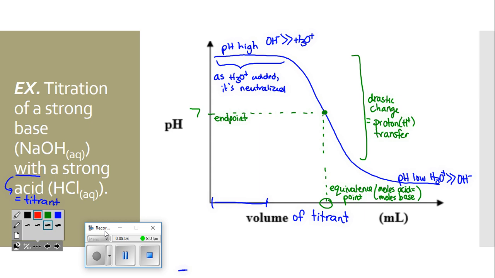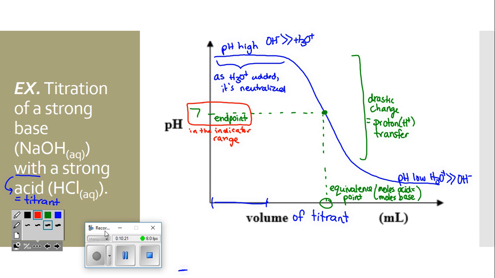This endpoint should be in the indicator range. Now, what does that mean? Well, it means that I should pick an indicator where the low end of its range is less than 7 and the high end of its range is more than 7, where 7 is in between.